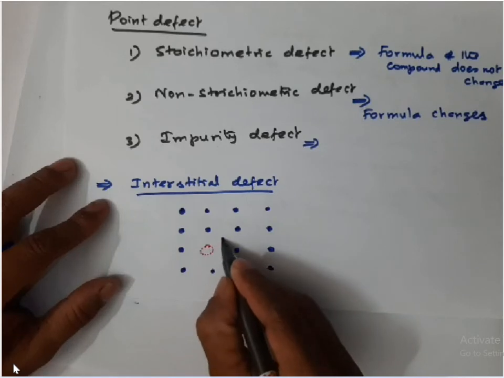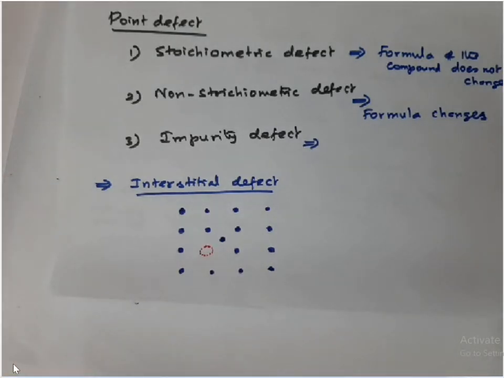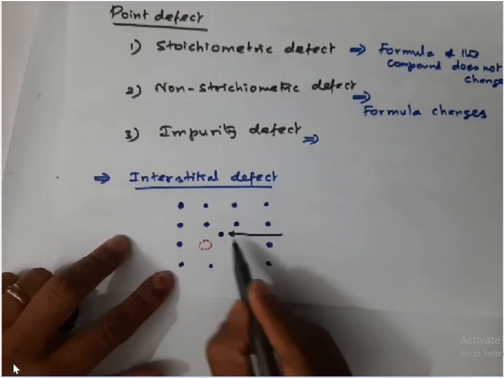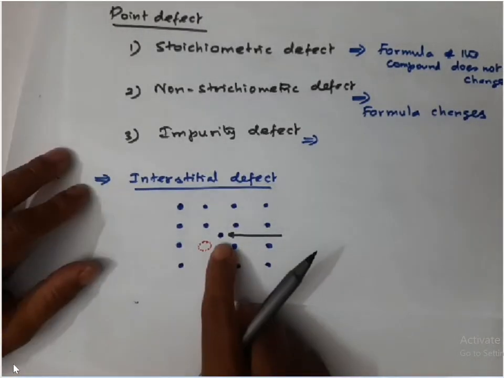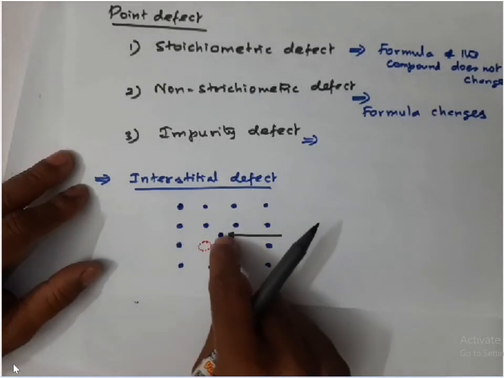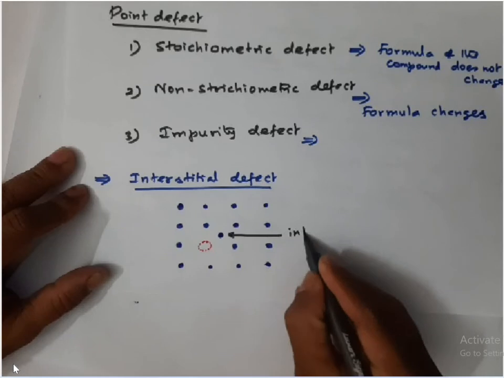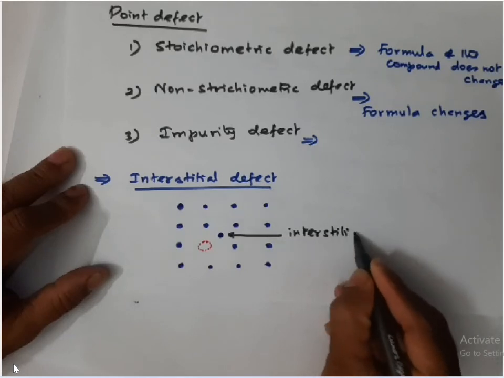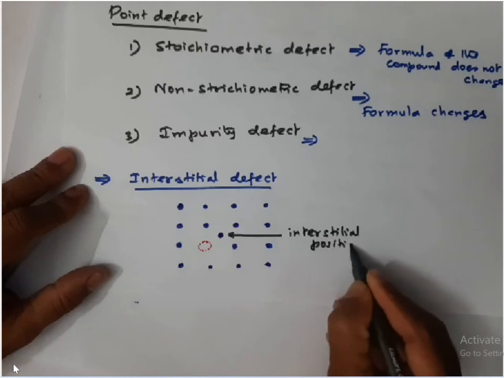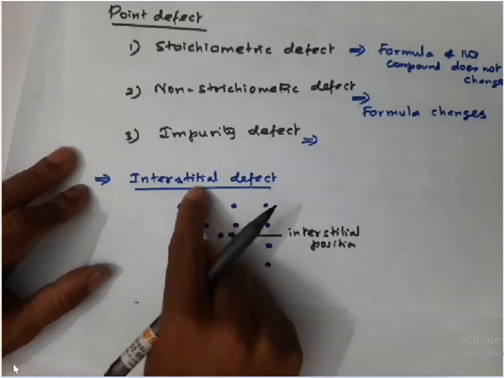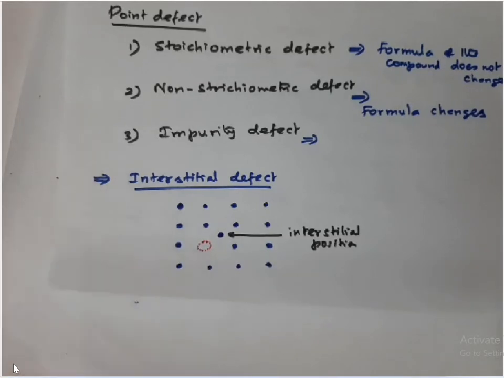Instead, it will occupy a position in between the other particles. We call this position an interstitial position. If any particle occupies an interstitial position, the defect that arises because of this is what we call interstitial defect. So the particle, instead of occupying its actual position, occupies some other position in the crystal.